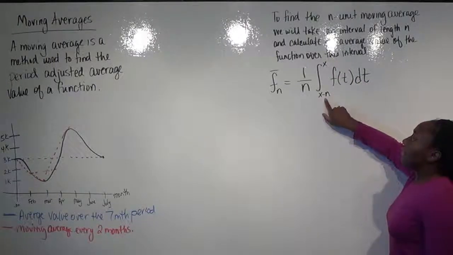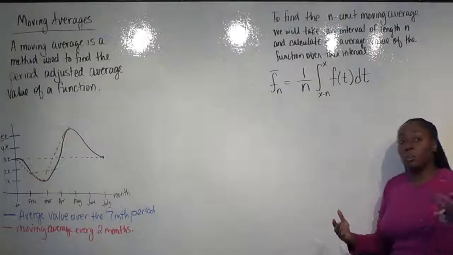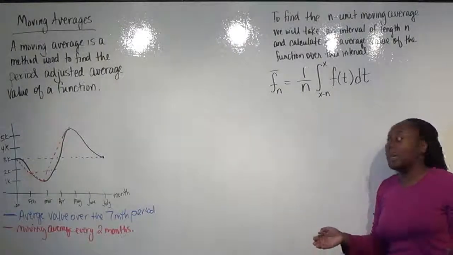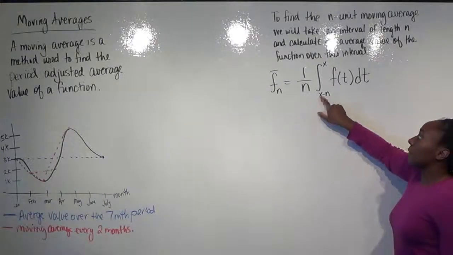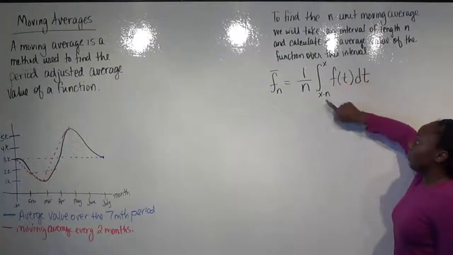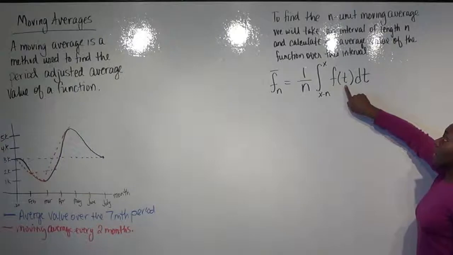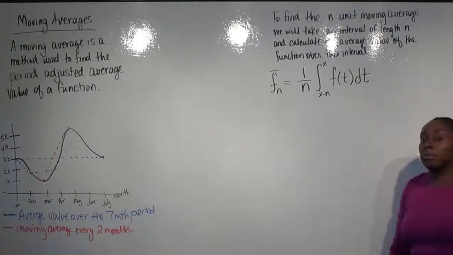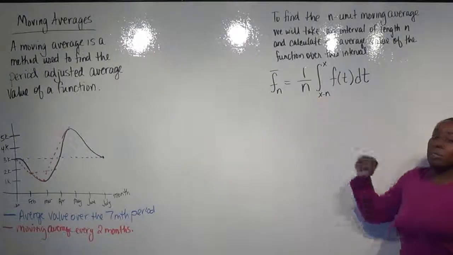Okay? And in this case, because we're not looking at the whole interval, so normally we have an interval from a to b, here because we're looking at a subinterval, we want that in terms of x, and it's an n-unit length over that subinterval. So again, x minus n to x gives us an interval of length n. Notice here we change the variable of integration, and that's because our limits are in terms of x.